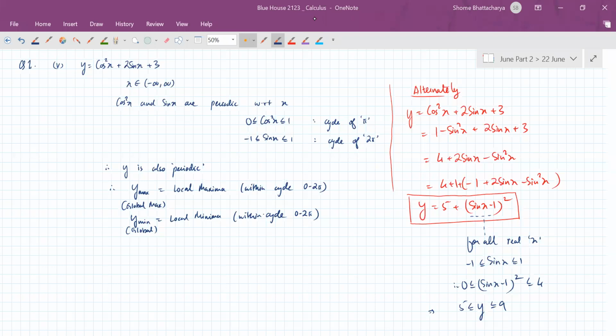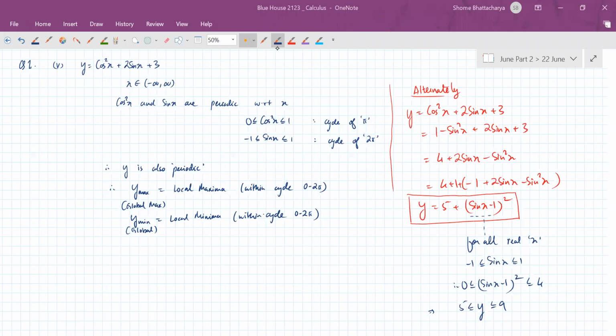Why is the range 0 less than or equal to sin x minus 1 whole square, less than or equal to 4?